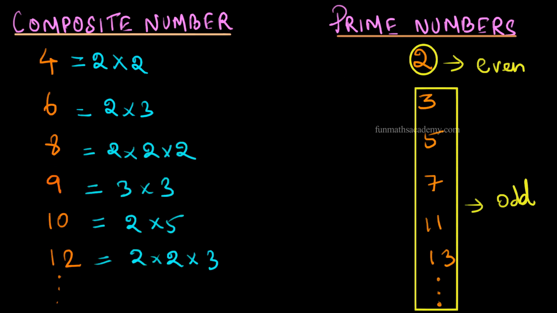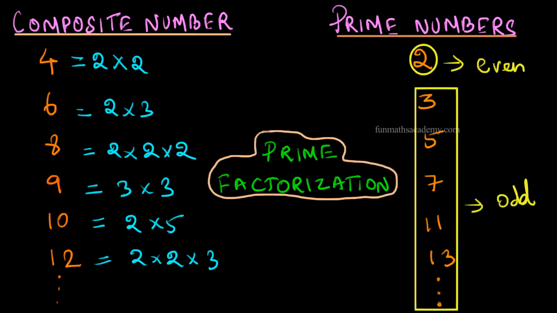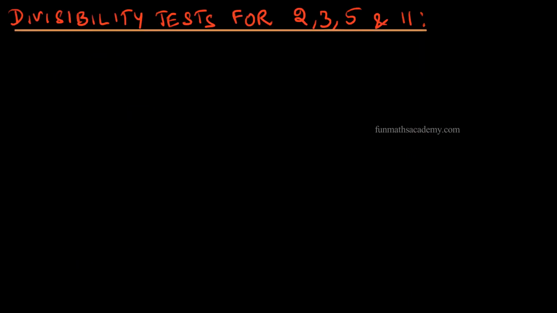A number written as a product of two or more numbers is called factorization. Furthermore, if a number is written as a product of only prime numbers, then that will be called prime factorization. Before we learn how to do prime factorization for a composite number, let us first revise the divisibility rules of 2, 3, 5 and 11.